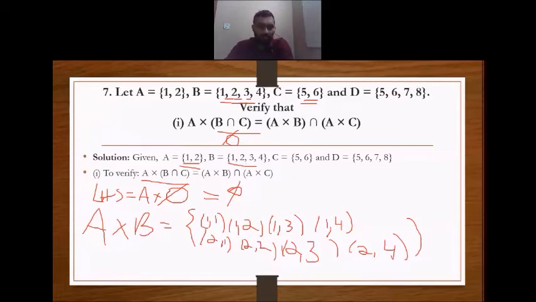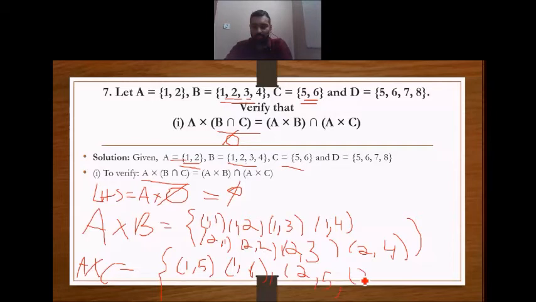Now we have to get A cross C. What elements are there in A cross C? So this is A, this is C. First element from the first set, second element from C: (1, 5), (1, 6), then (2, 5) and (2, 6).